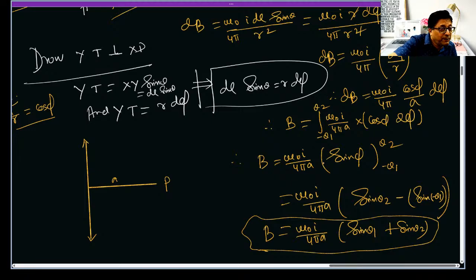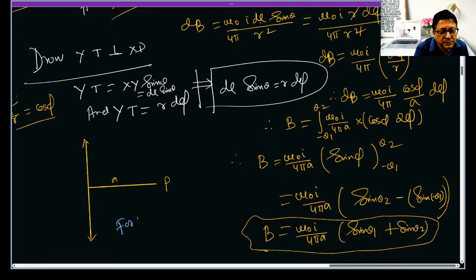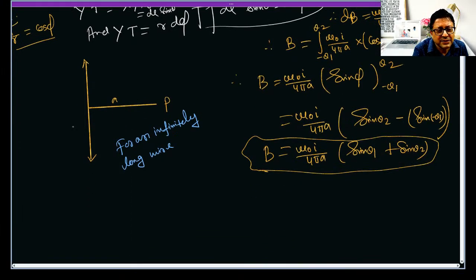Then theta 2 for the upper part is going to be 90 degrees, and theta 1 for the lower part is going to be 90 degrees. So write this as a case: for an infinitely long wire, theta 1 is 90 degrees, theta 2 is 90 degrees.